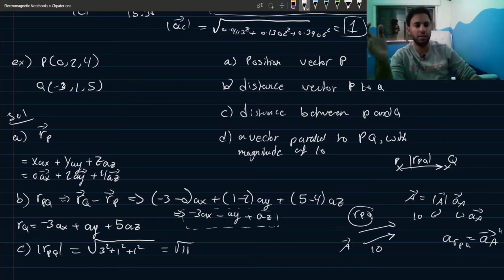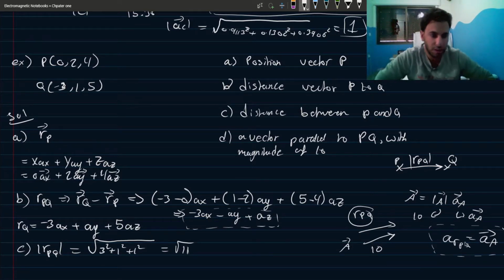So let's start with this. a_RPQ, a sub R sub PQ. We know that that is equal to R_PQ as a vector divided by the magnitude of R_PQ.